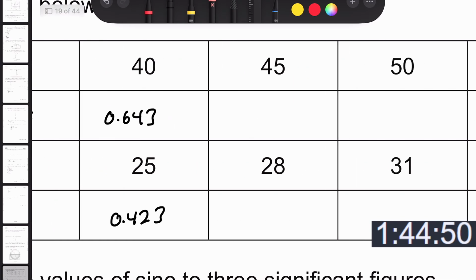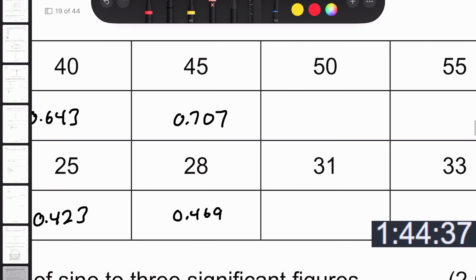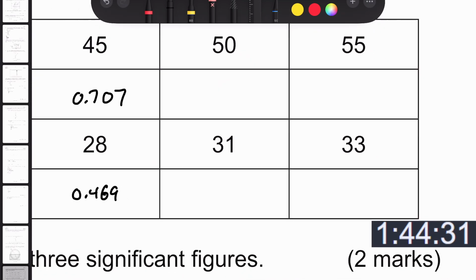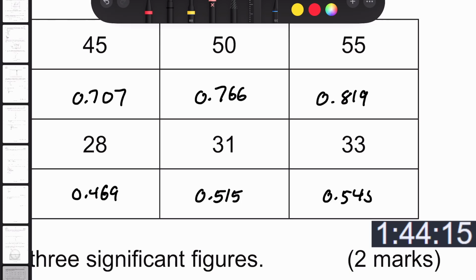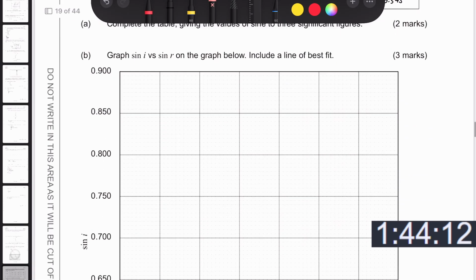Sine of 45 is root 2 over 2, our good friend, 0.707. Sine of 28 is 0.469. Sine of 50 is 0.766. Sine of 31, 0.515. Sine of 55 is 0.819. Sine of 33 is 0.545. Okay.